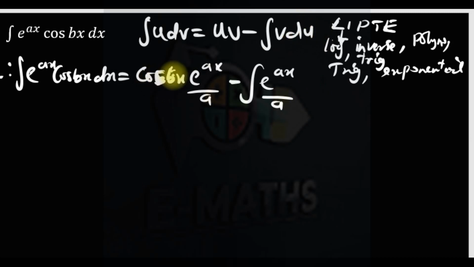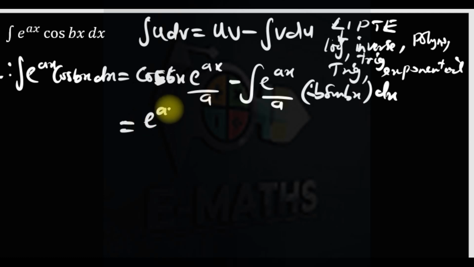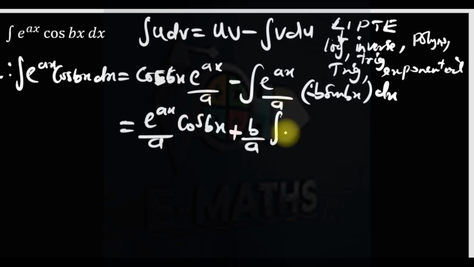For du, we differentiate cos bx, which is minus b sine bx dx. So we continue: this is e^(ax) over a times cos bx, and factoring the minus, we have plus b over a times the integral of e^(ax) sine bx dx.